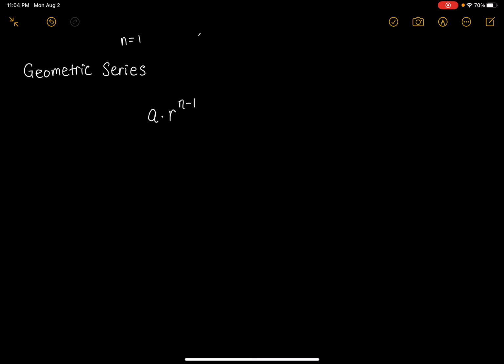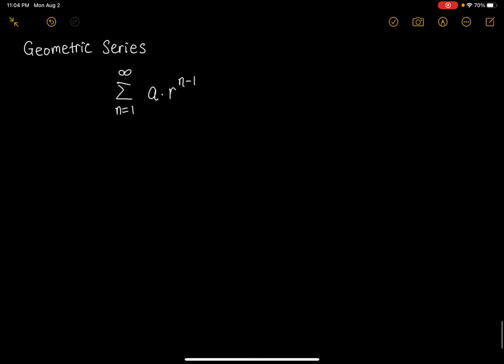If we add up all these terms, from n from 1 to infinity, we get a geometric series. For that geometric series, we have a formula for the partial sum. So what is the partial sum S of k?